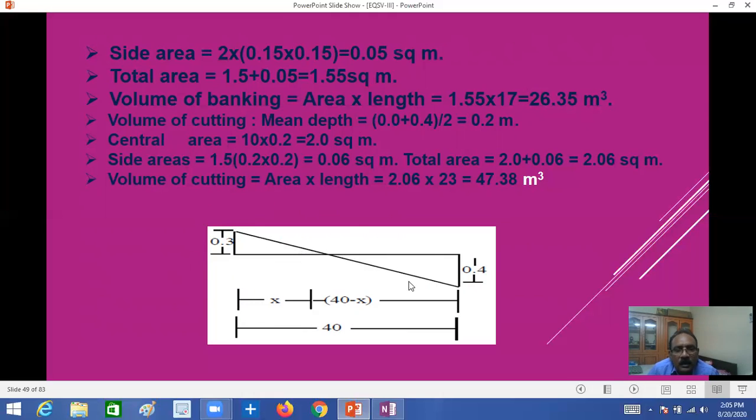From this concept we calculate the area. We calculate the mid sectional area at each place, and the area of this trapezoidal section into length, and you will get the cutting area. In this way, we have to calculate the cutting.